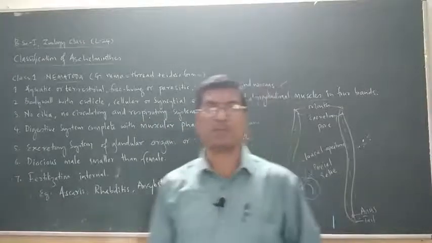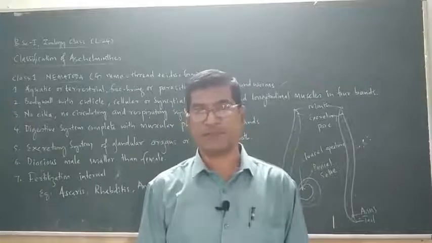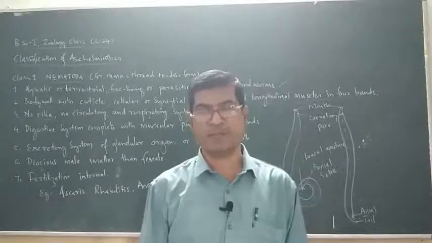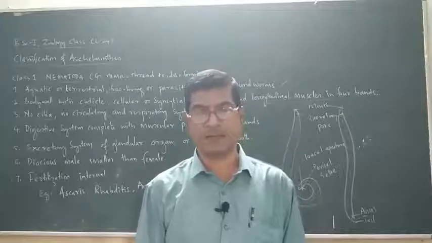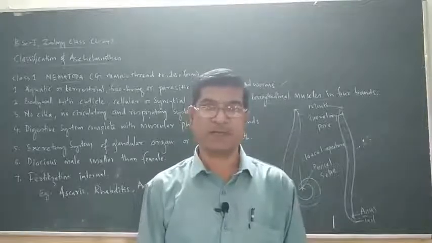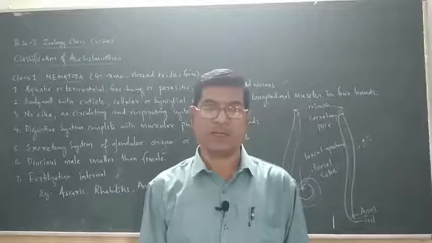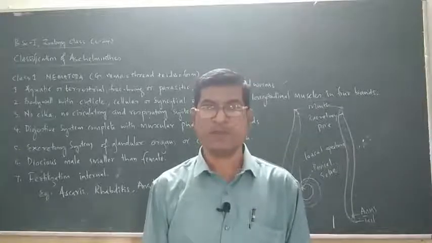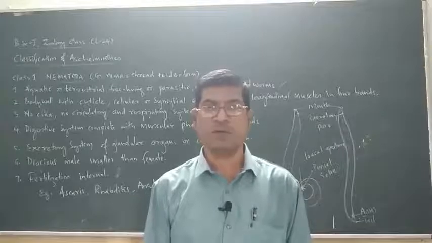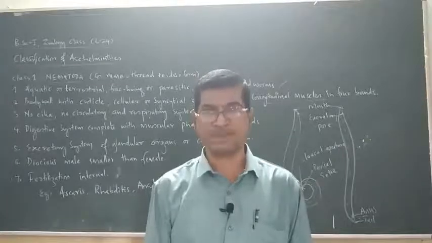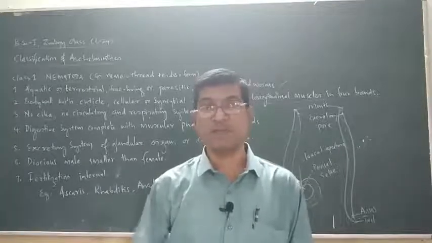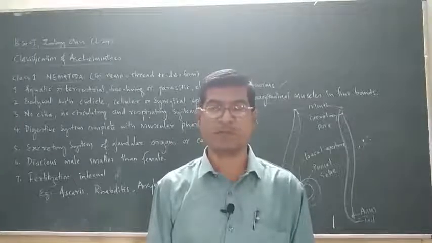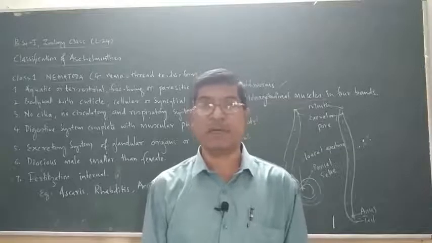No circulatory and no respiratory systems. No circulatory system, no blood circulation, no movement of blood from one region to another region. Respiratory system is also lacking. See, the roundworm lives inside the intestine of human beings, where there is no oxygen. In the absence of oxygen, they show respiration called anaerobic respiration.